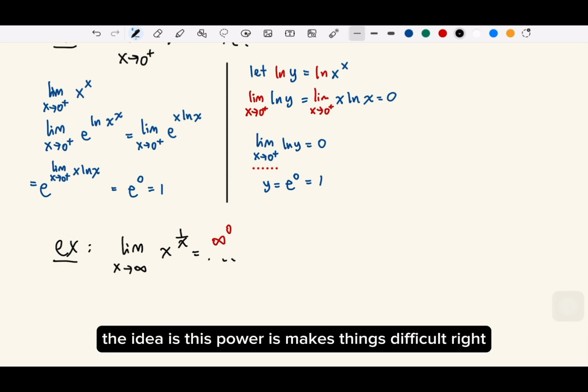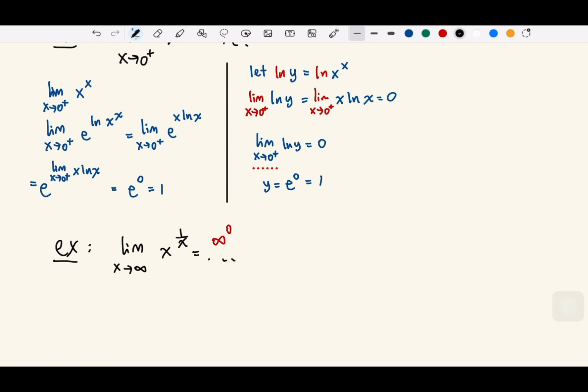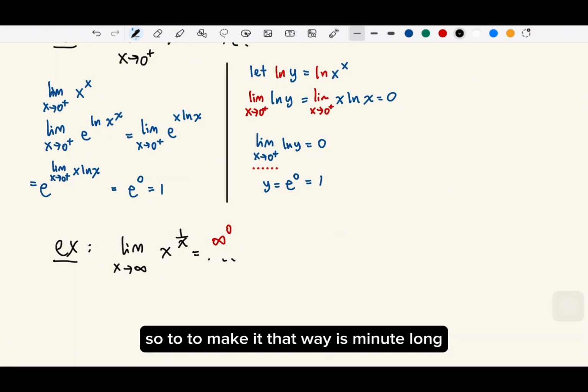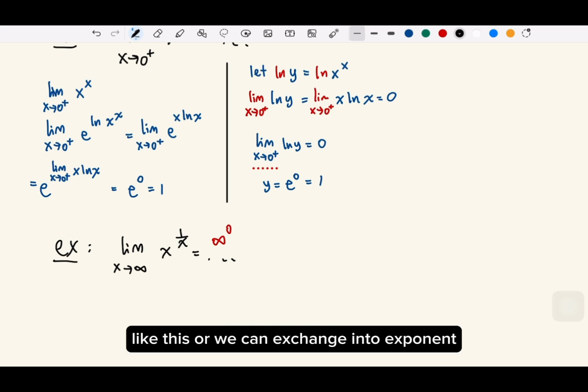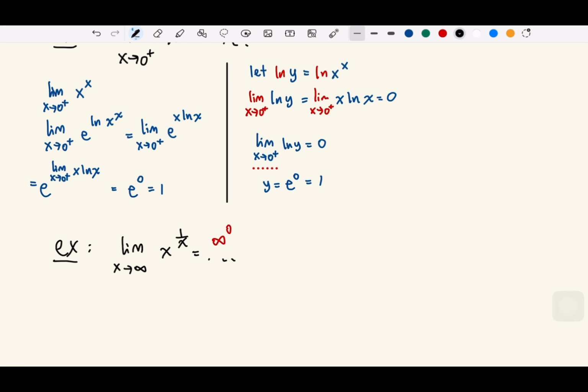The idea is this power makes things difficult, right? So we need to remove it and make it come down here. To make it that way we need log, right? We can take log like this, or we can convert into an exponent. Okay, hope that's clear.